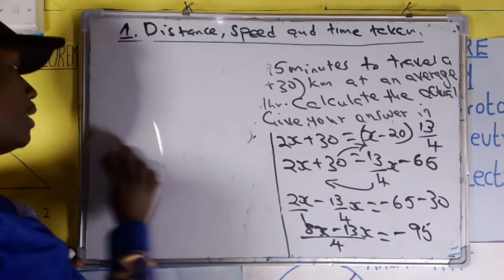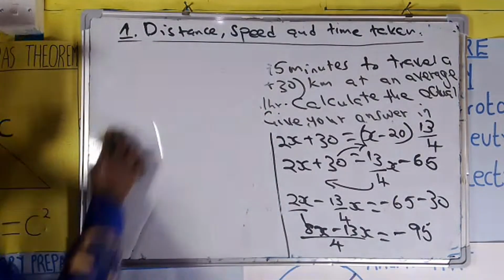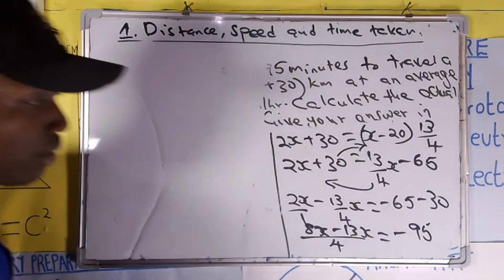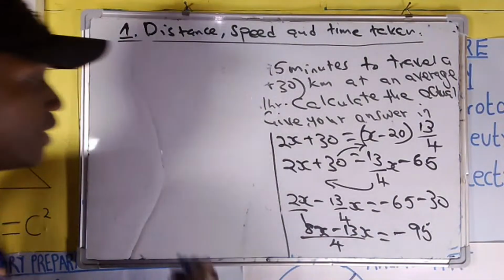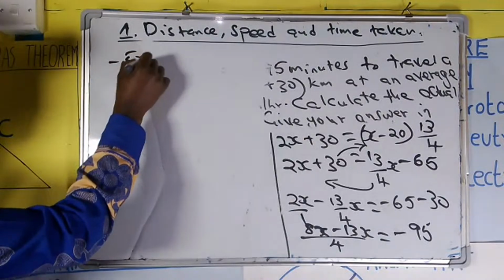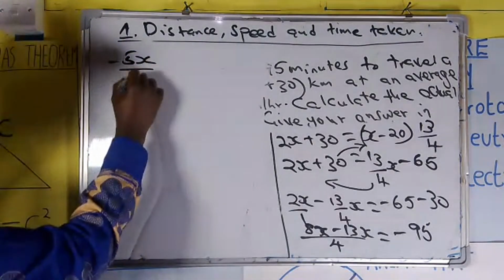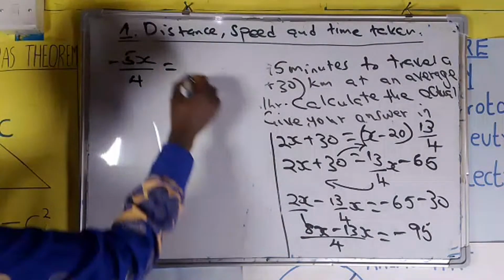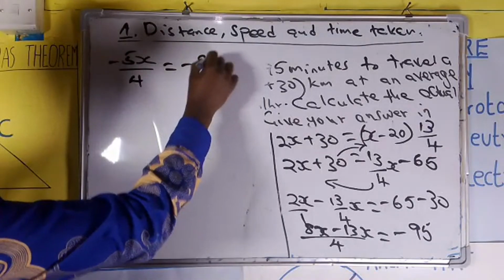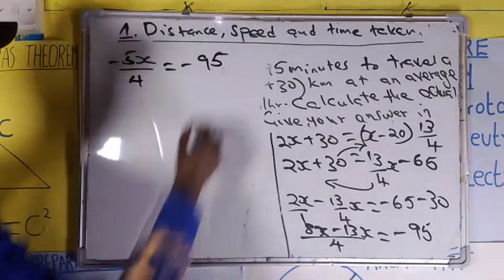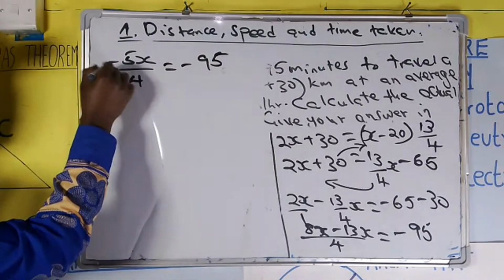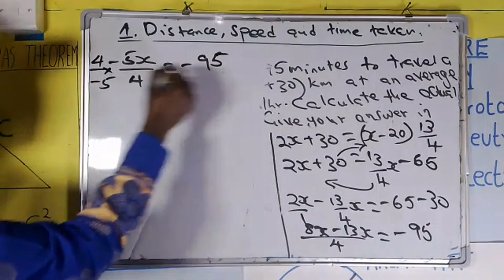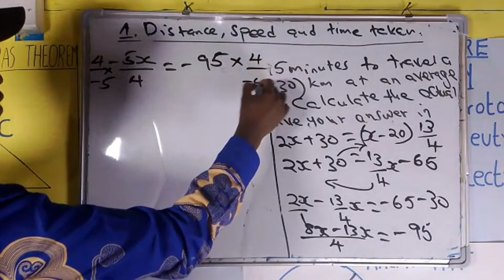So as we proceed, what we are going to do now, 8h minus 13h is equivalent to negative 5h over 4 is equal to negative 95. Because we want to be left with h on one side, we will multiply by 4 over negative 5.